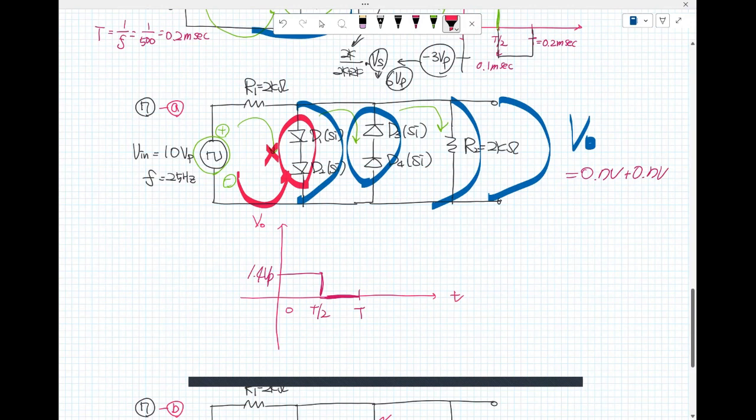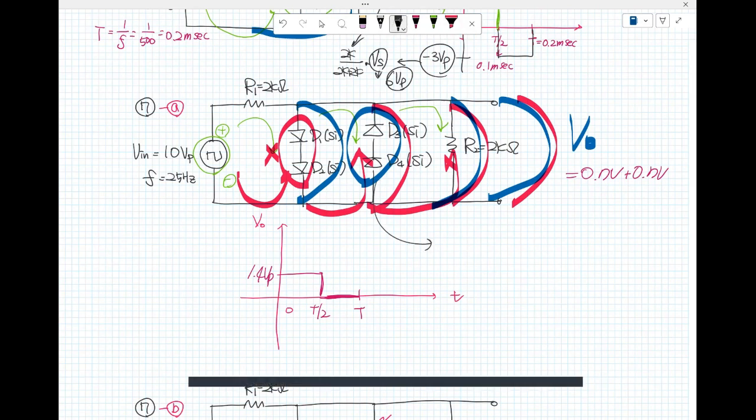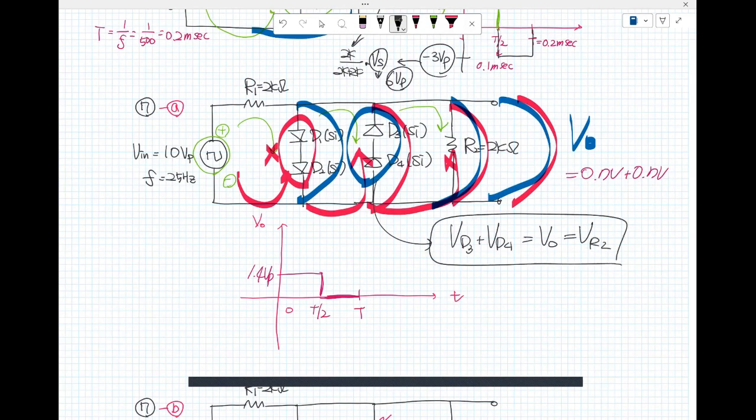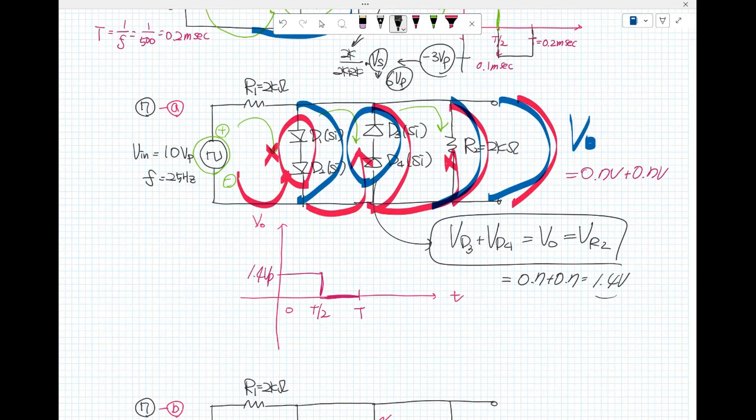This is the open circuit, but right now here should be the same. So that was for here. V sub D sub 3 plus V sub D sub 4 is V sub R equal to V sub R sub 2. So now V sub D sub 3 plus D sub 4, 0.7 plus 0.7, that was 1.4 voltage. Okay, so now that was what? Minus 1.4 voltage. Don't miss the minus. Okay, that is very important.